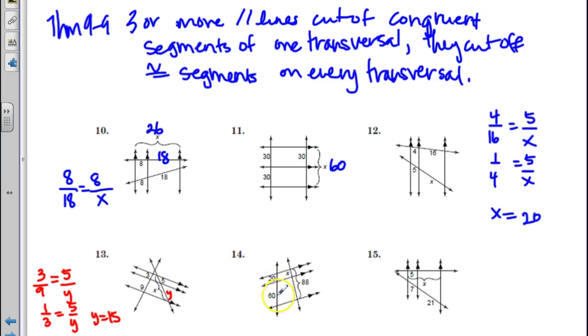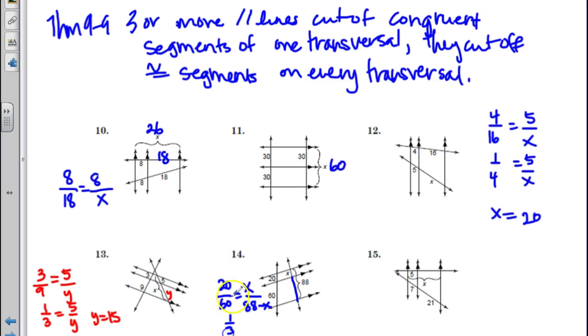All right, let's look at this one. 20 over 60 equals x over something. Uh-oh, this is a problem. Because this whole thing is 88, how much is this piece right here? Well, it would be 88 minus whatever we find right here, but we don't know that. So we just have to write 88 minus x. All right, let's for sure reduce this before we start.